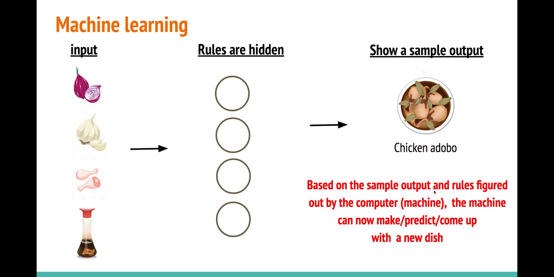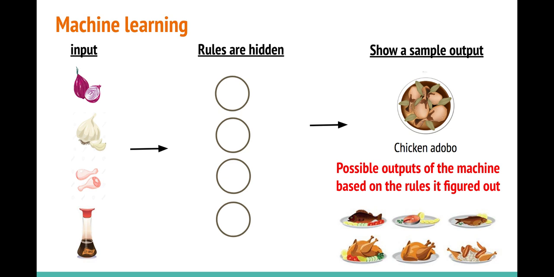Based on the sample output and input, the rules are figured out by the computer. The machine now can predict or come up with a new dish. So here, based on the sample output, the computer discovers the rules based on our input and output, so that the machine can predict or come up with a new dish.